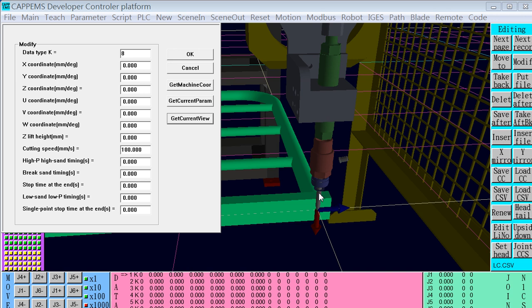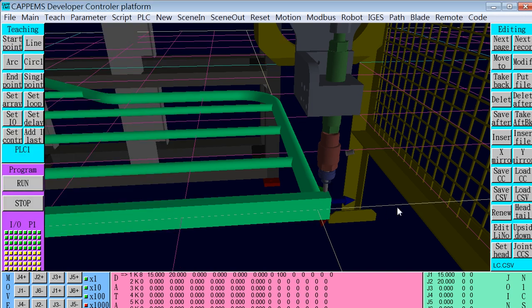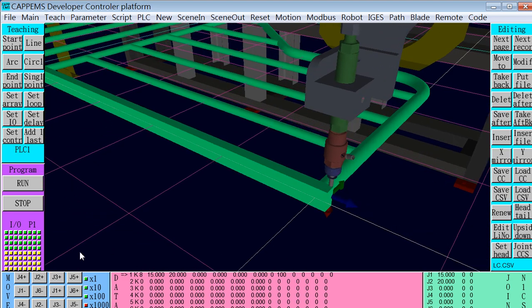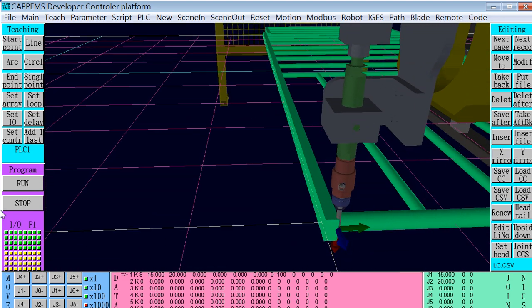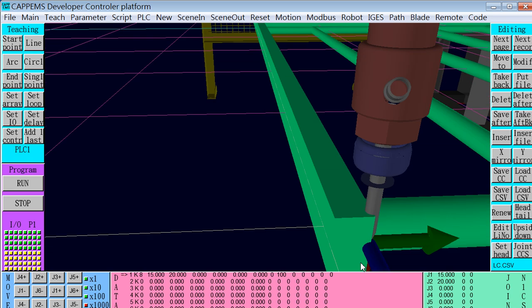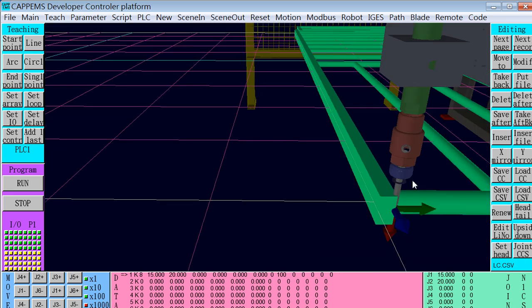And for these points, the Z equals 0, the X equals 15, the Y equals 20. Okay, then let's see the tip position like this.